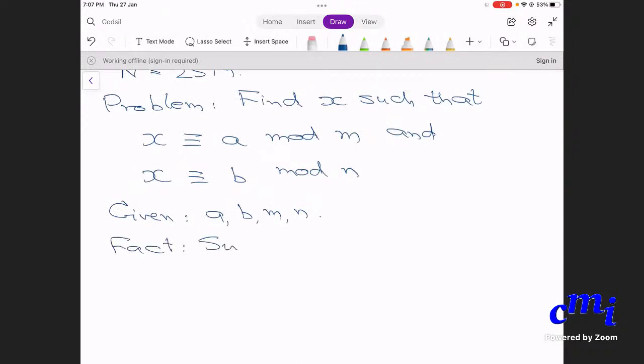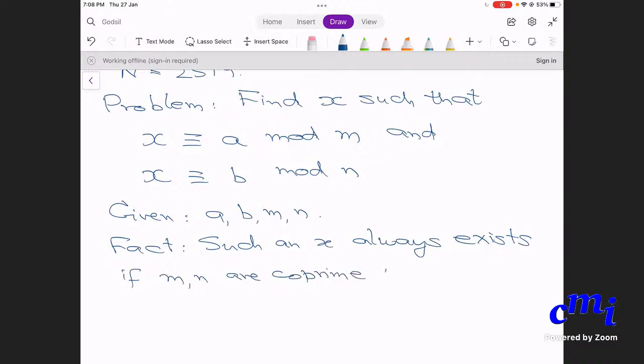It turns out, and we'll prove this shortly, that such an x always exists if m and n are co-prime, that is, their GCD is 1. The bracket m, n notation is for the GCD.